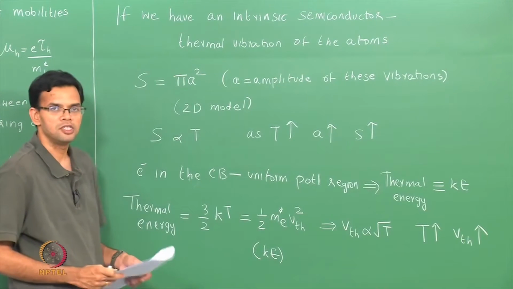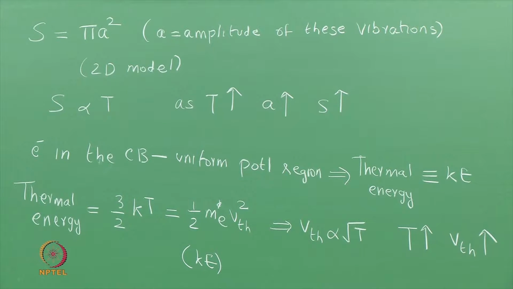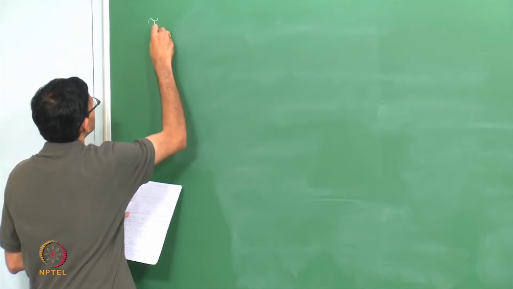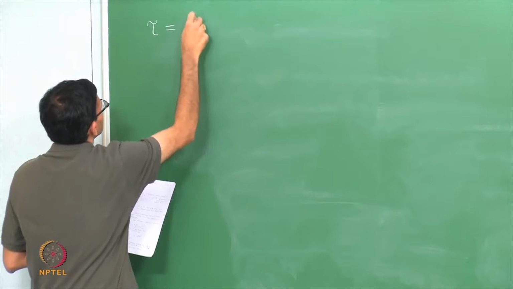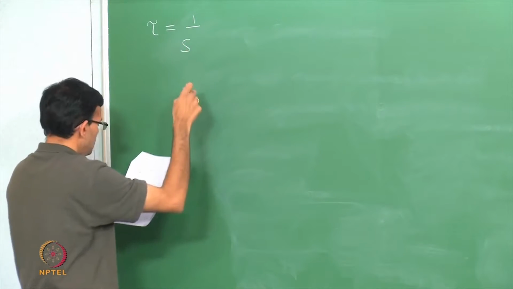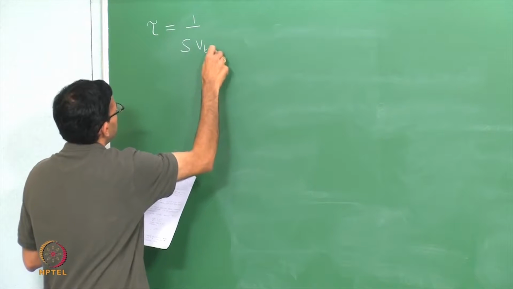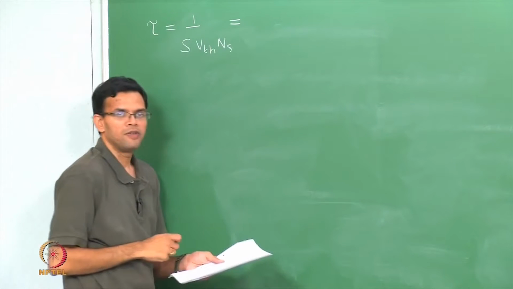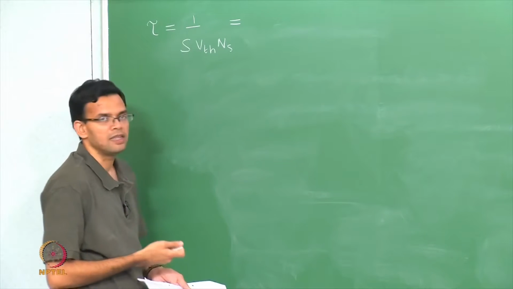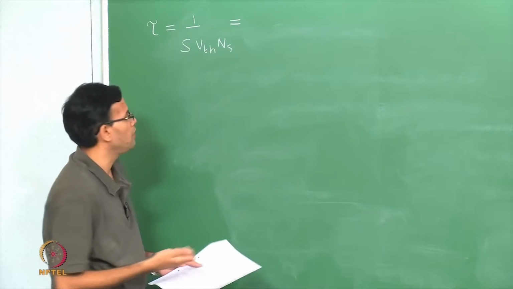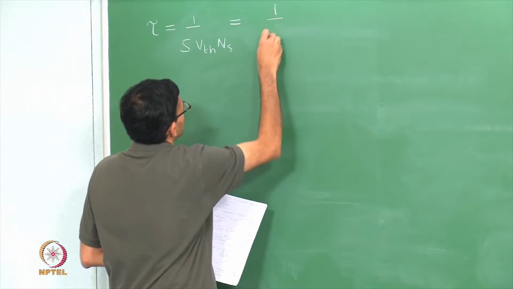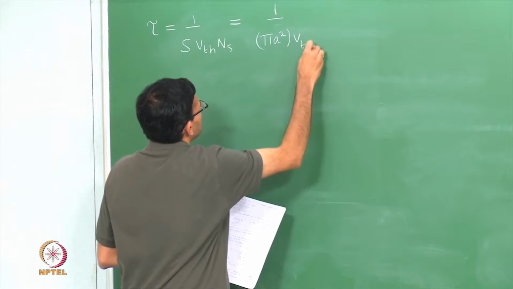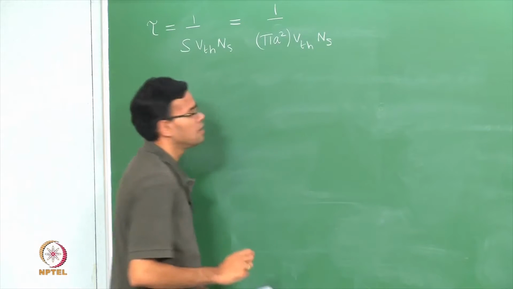So let us put these two terms together. We have the expression for tau, which is nothing but 1 over S V thermal Ns. In the case of intrinsic silicon, we said that the scattering is only due to the lattice vibrations. So, we wrote this as 1 over pi a square V thermal and Ns.